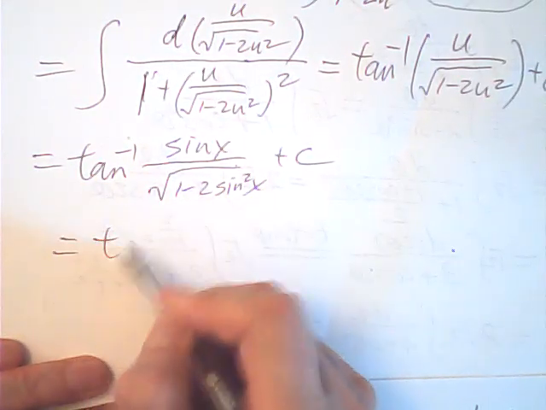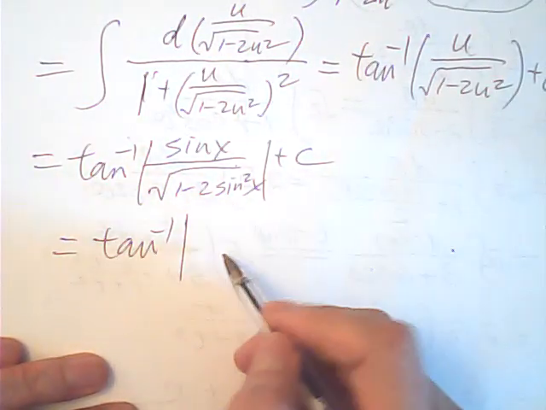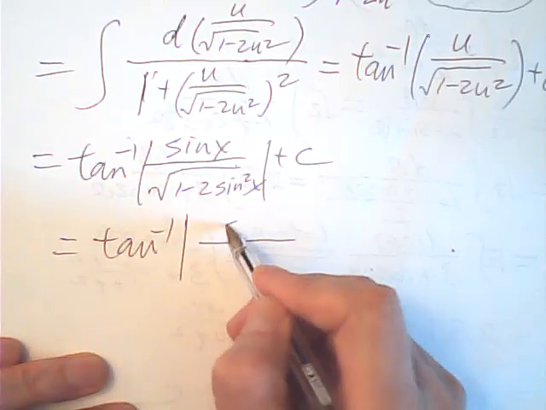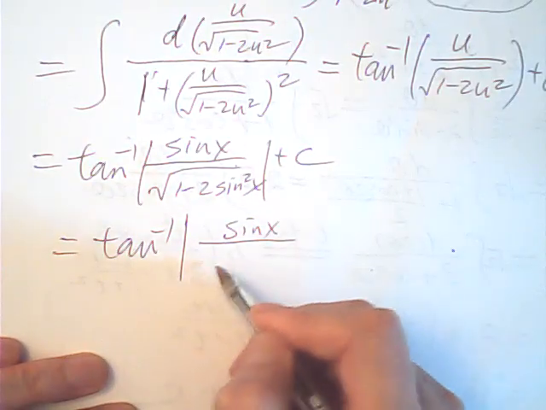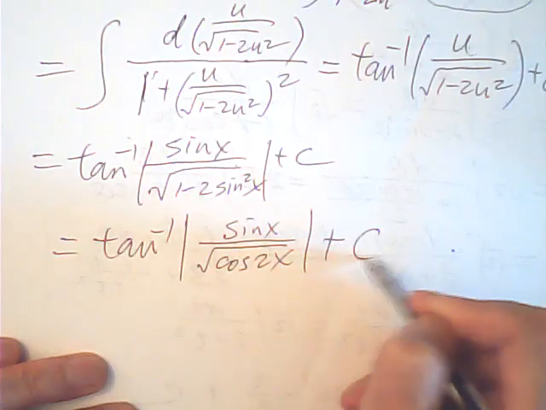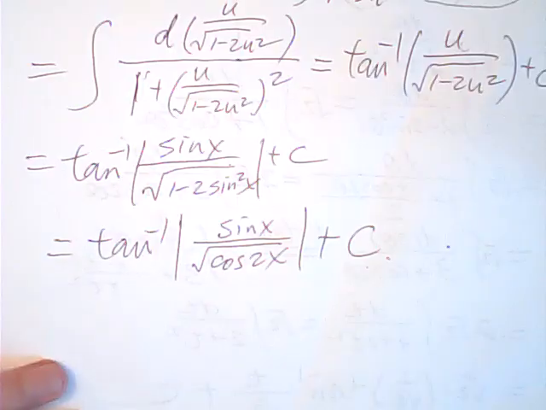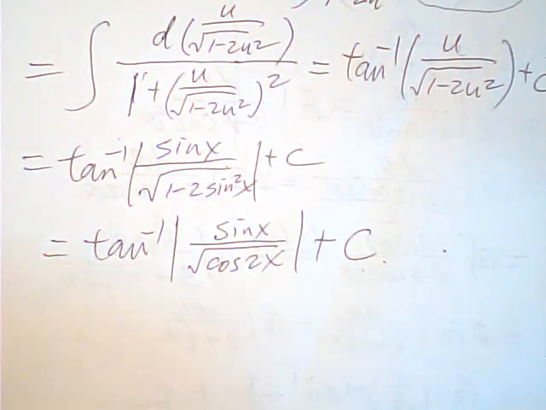So this is equal to arctangent of sine x over square root cosine 2x. Wow, that is the same thing as I've done.